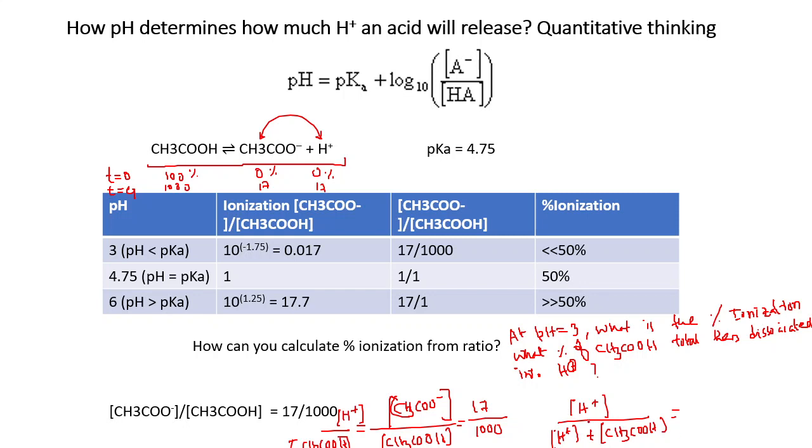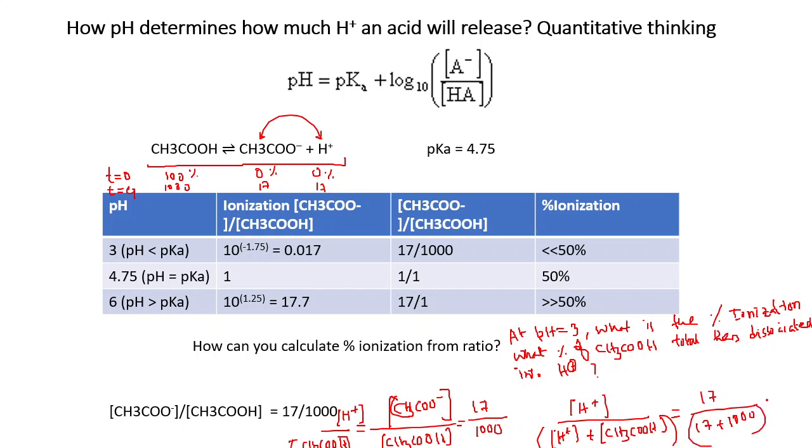So how are we getting this? We are dividing the H plus by H plus plus this. So this represents how many CH3COOH were originally there. That would be 17 by 17 plus 1000.